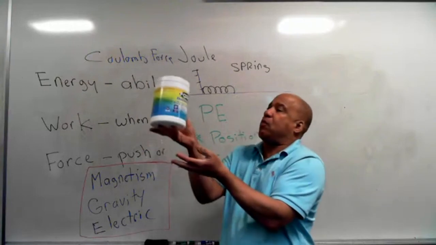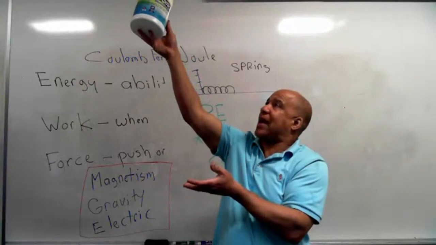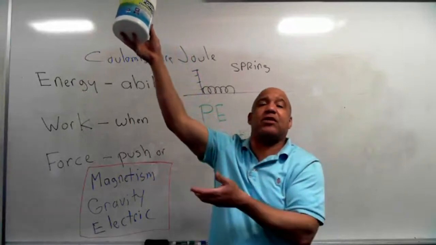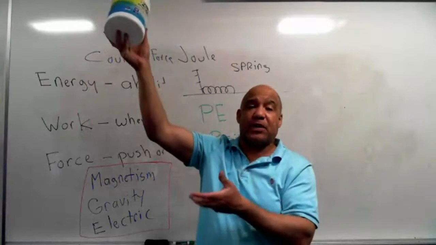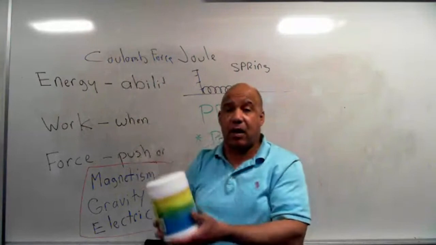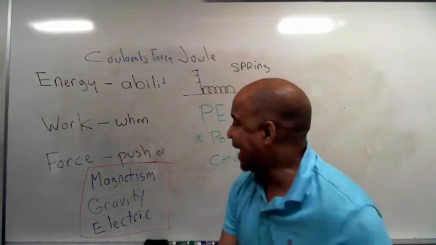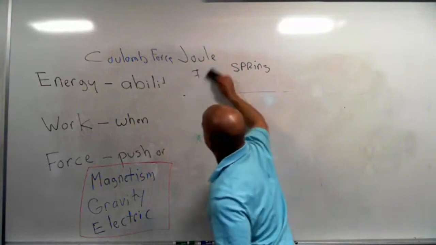If I do 10 joules of work in separating the masses, then that work now is stored as potential energy. But what kind of potential energy? It's stored as gravitational potential energy. If I want to get the work back, the joules back, all I got to do is let it go. Well, exactly the same thing happens when you have charges. Let me show you what I'm saying.